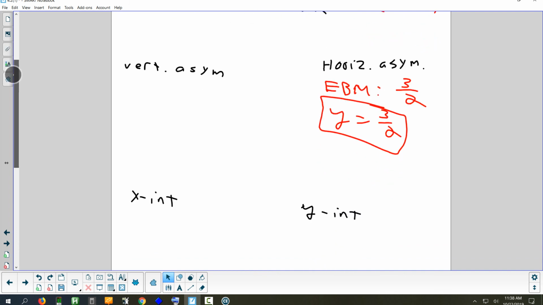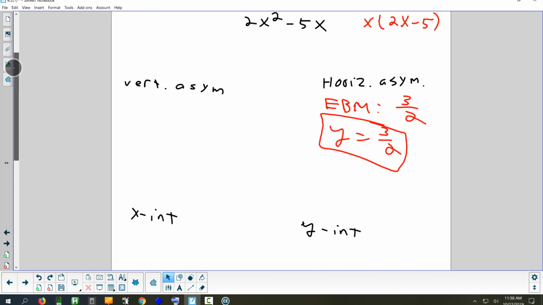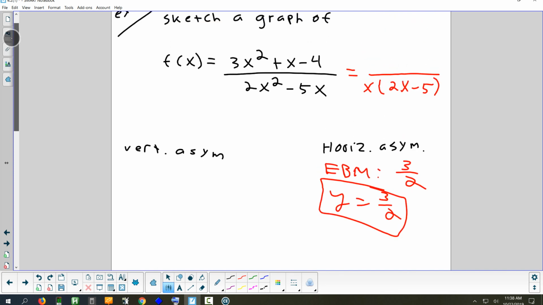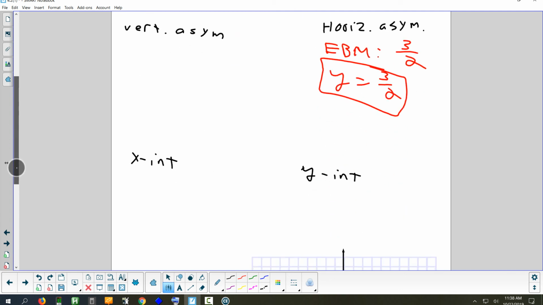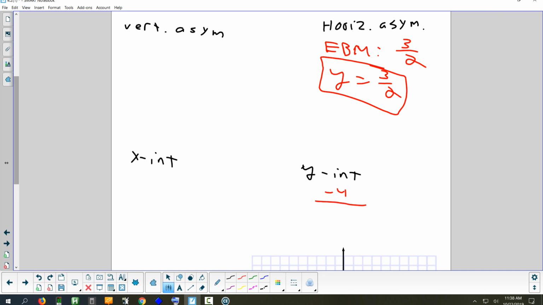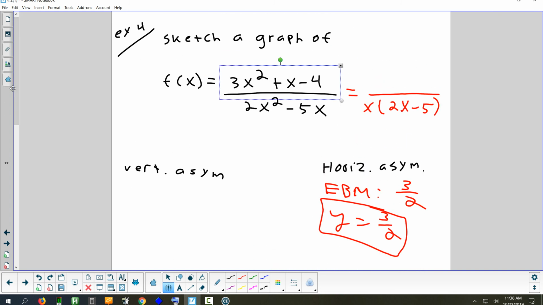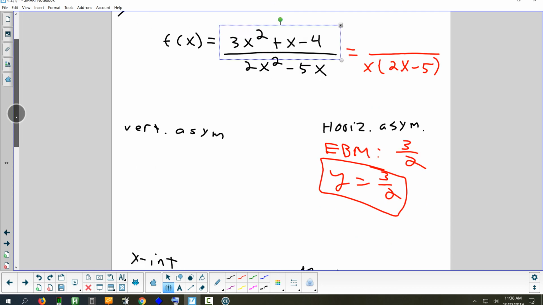Let's do the Y-intercept. To do the Y-intercept, what do I plug in? 0 for x, because that one's easy. 0 squared times 3 is 0, plus 0, minus 4 on the top, over, what if you plug 0 into the bottom? You get 0.